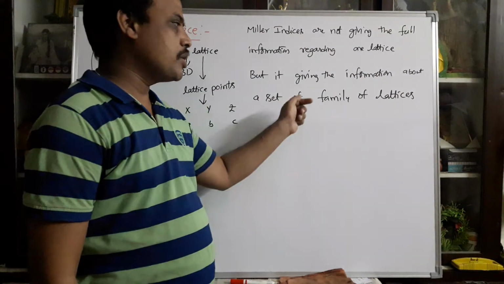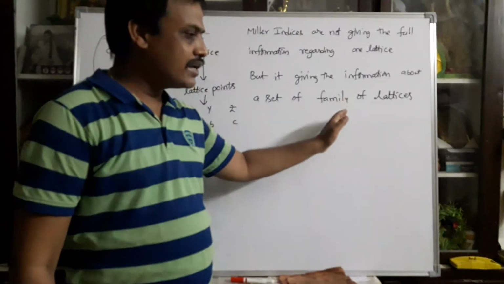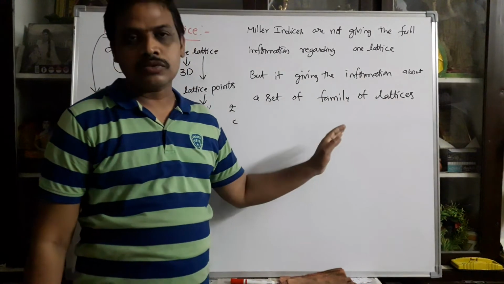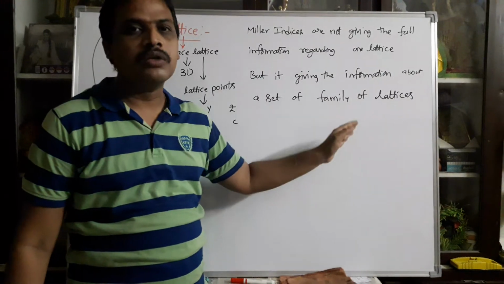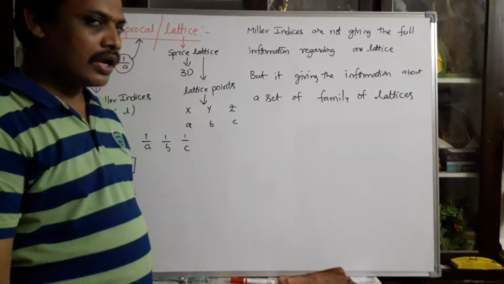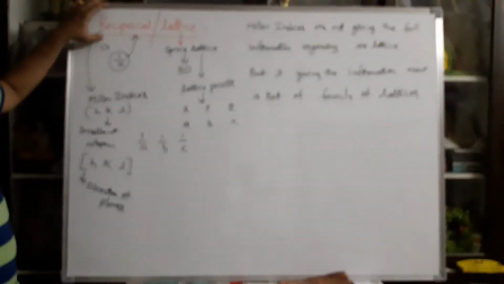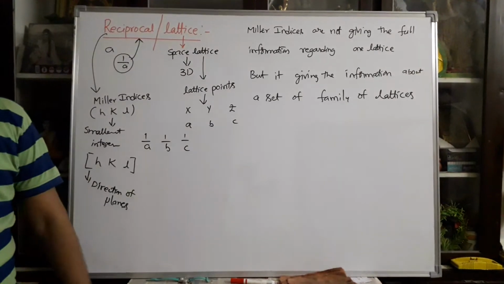It gives information about the family or set of family of planes. At this condition, from the Miller indices and lattice constant point of view, we fail to explain the lattice plane characteristics. In that way, we introduce the next topic, called the reciprocal lattice.